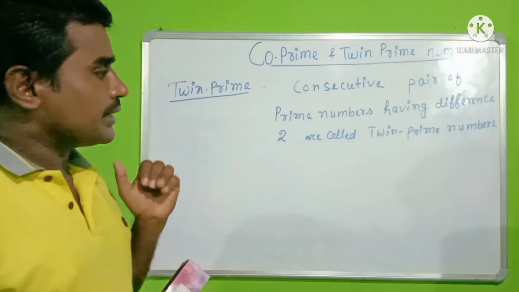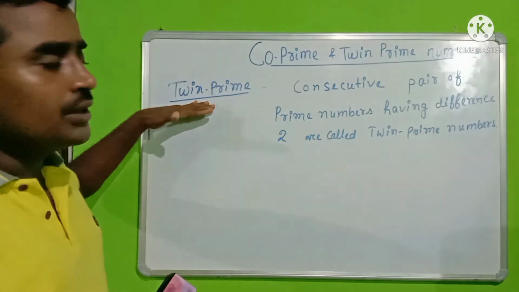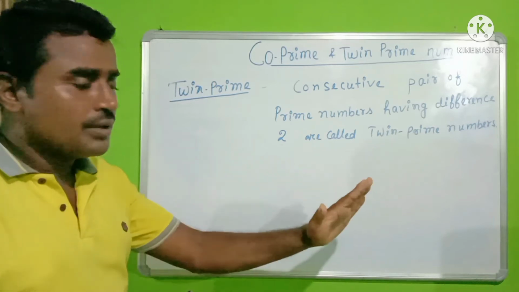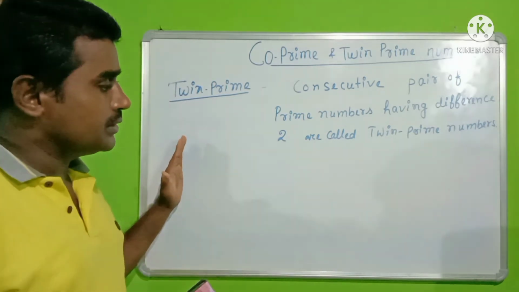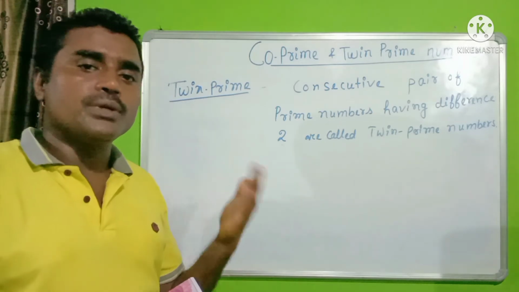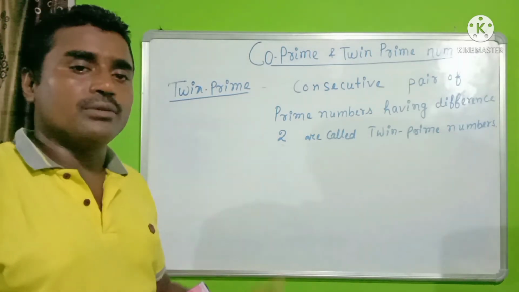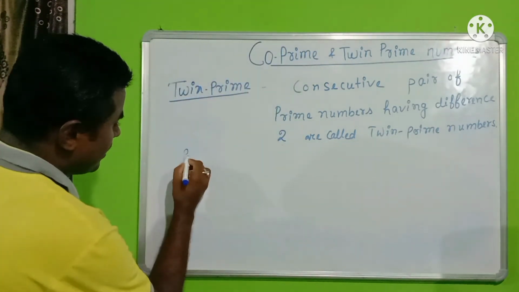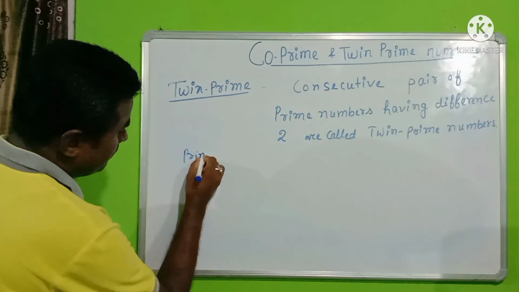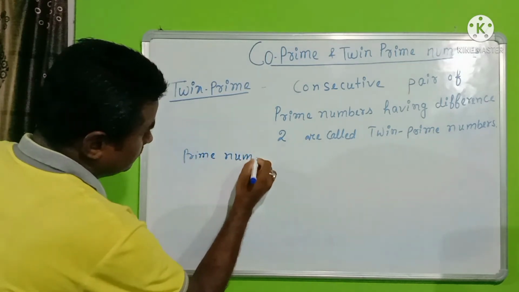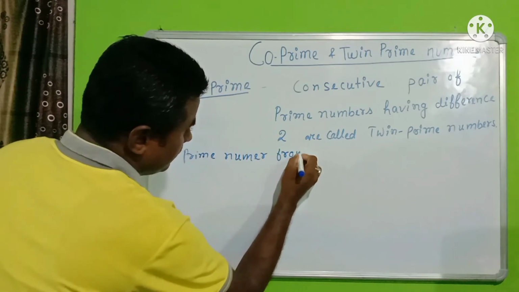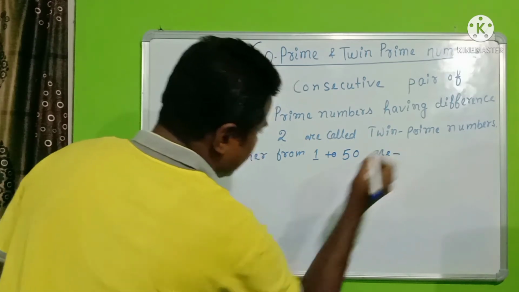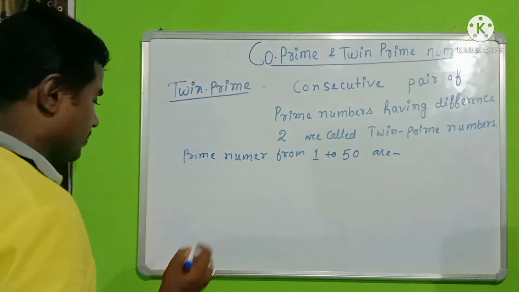Okay, so check which are twin prime, which are not. First, I write the prime numbers from 1 to 50. Then we check which are twin prime and which are not.